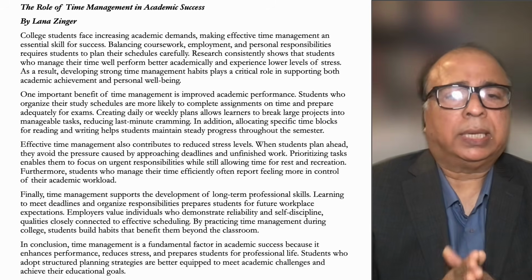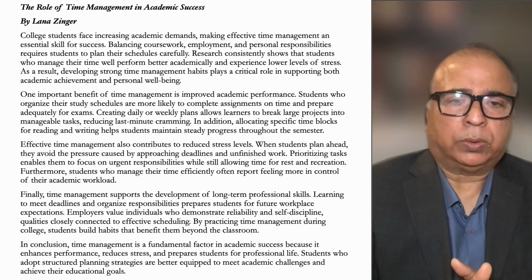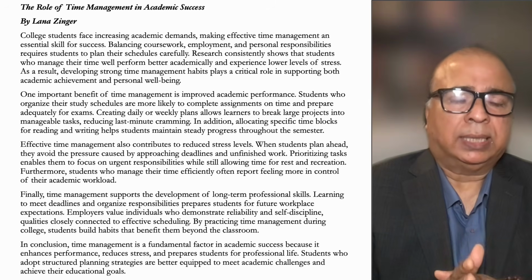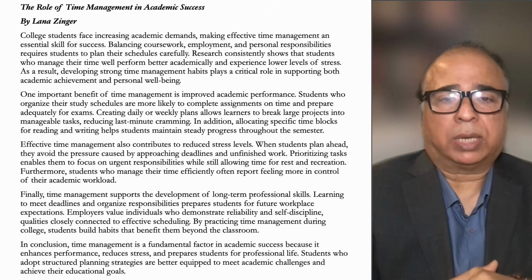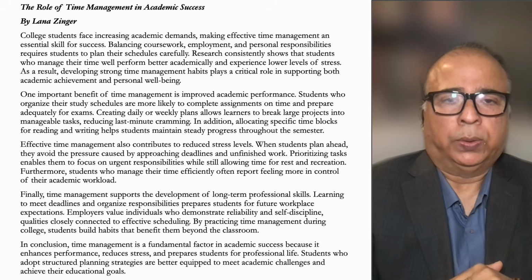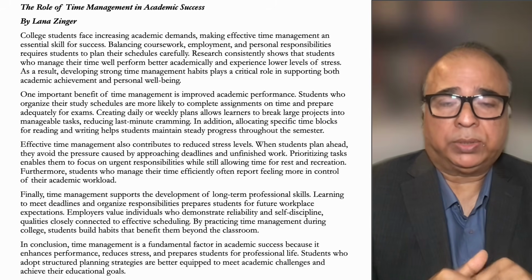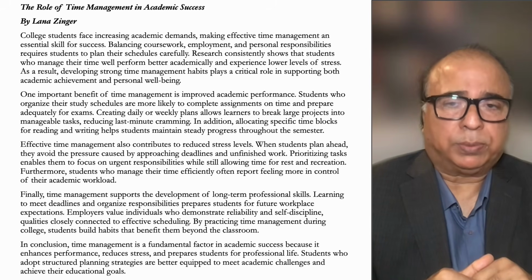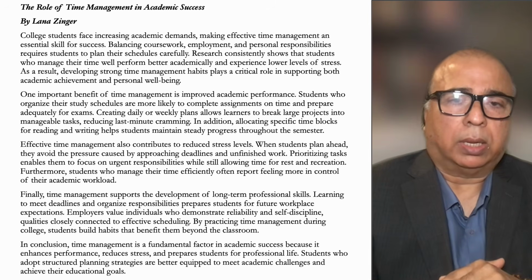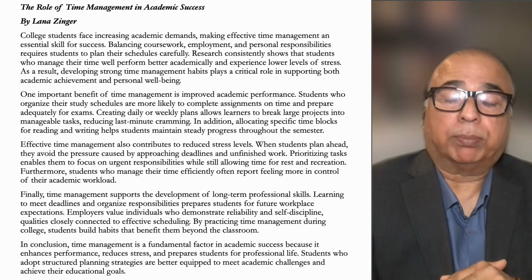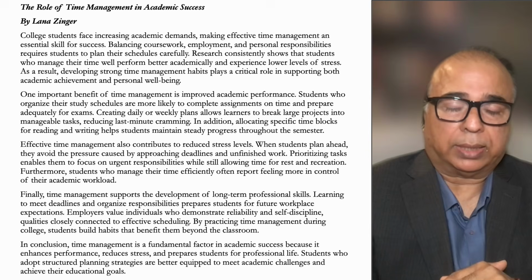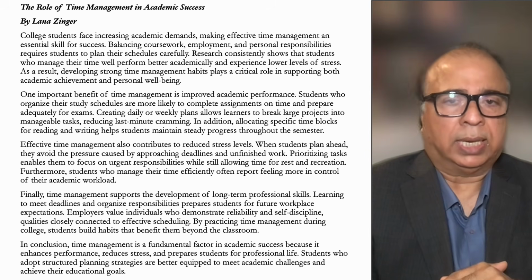Read it carefully, make notes to yourself for reference and practice, and write a summary of the role of time management in academic success. Okay? I look forward to reading your summary. Be sure to type your summary in the comments, and I will read them personally. I take time and I read each and every response and I respond to them.